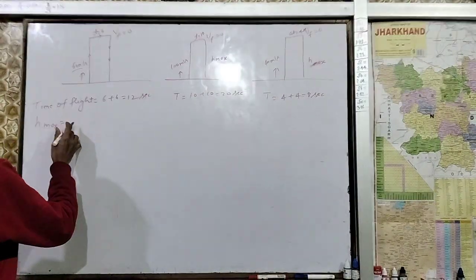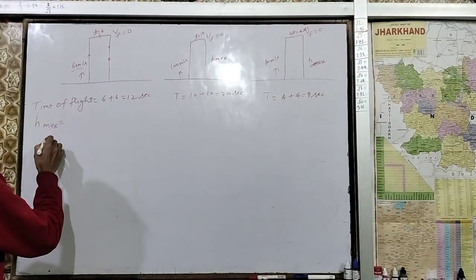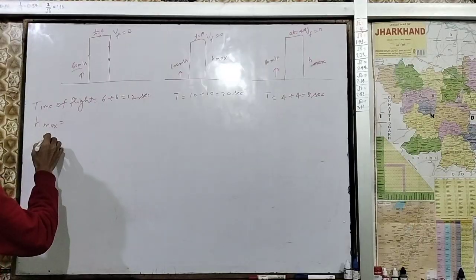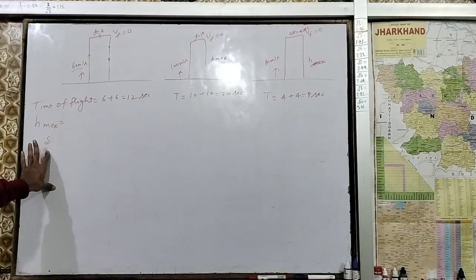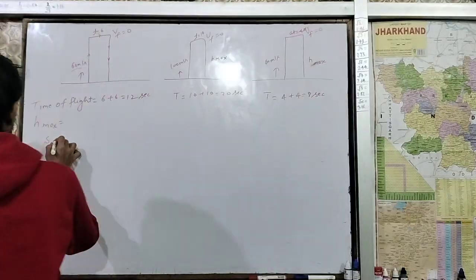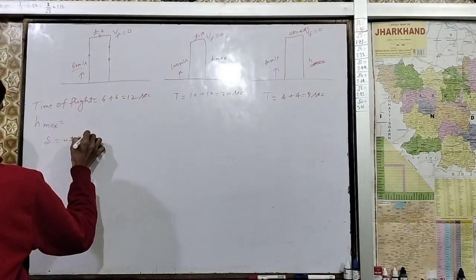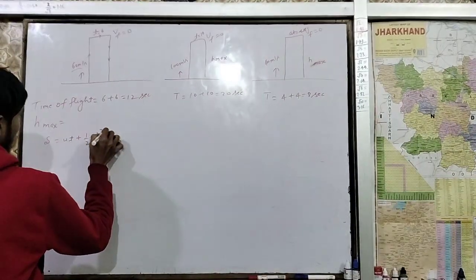So here it will become s, displacement. Yes, s is equal to ut plus 1 by 2 at square.